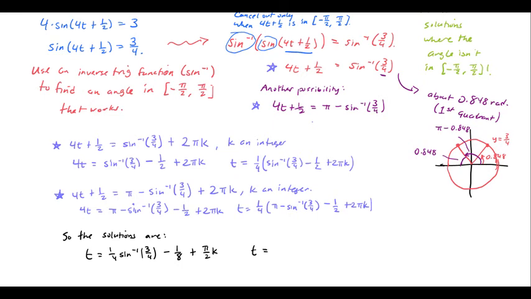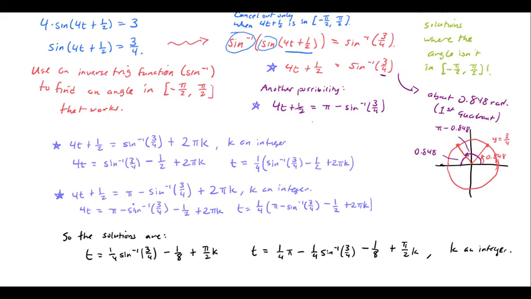And then for the other one, t is equal to 1/4 pi minus 1/4 arc sine of 3/4 minus 1/8 plus pi over 2 times k, where k is an integer.